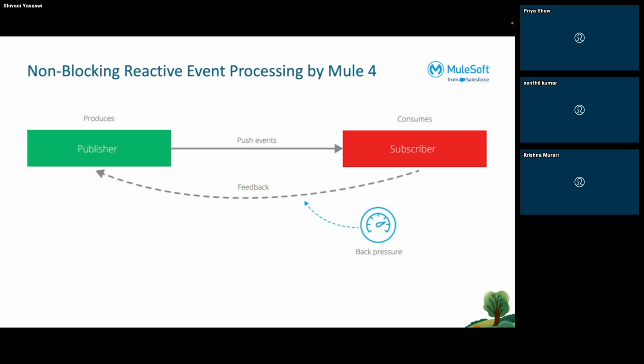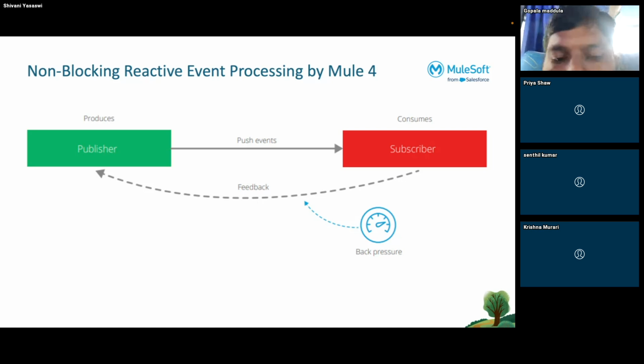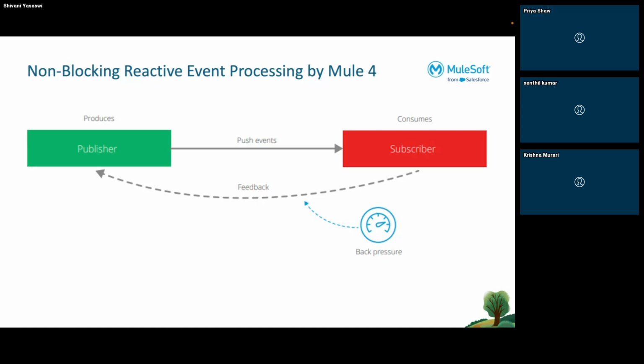Now, let us say the publisher is sending some 200 events and we only have 10 threads in our thread pool. At this point, the scheduler will allocate 10 threads for the first 10 events coming from the publisher to get processed, and the remaining 190 events, which are an overhead on the number of threads present on our system, will be rejected.